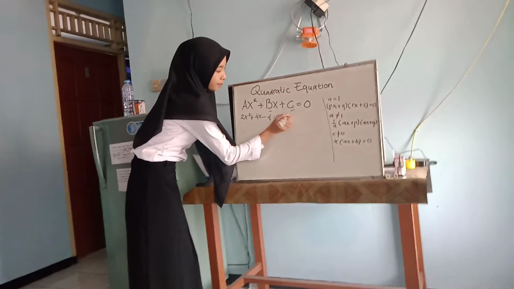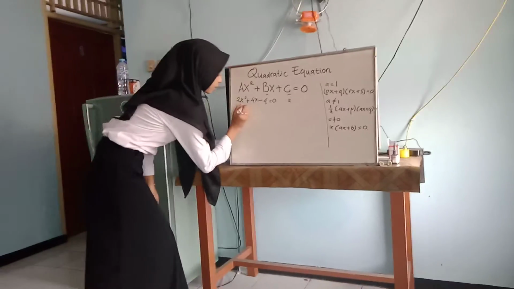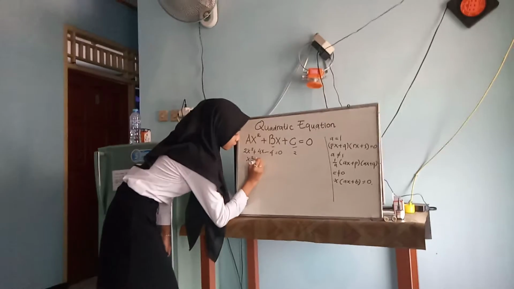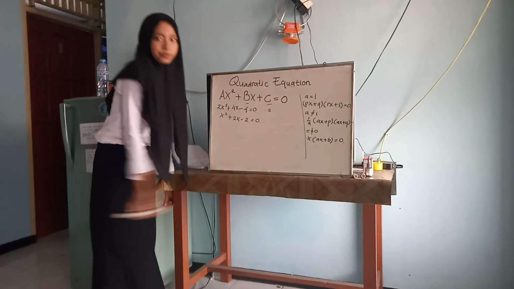If we divide both sides by a, which is 2, we get x squared plus 2x minus 2 equals 0.